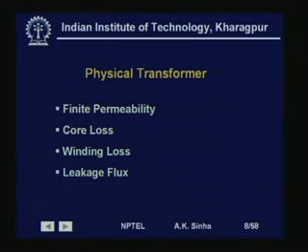Now, in the case of a physical transformer, we have finite permeability, there are core losses, there is loss in the winding because the winding has a resistance, and there is going to be a voltage drop because the core does not have infinite permeability. So, some flux will pass through the air path.